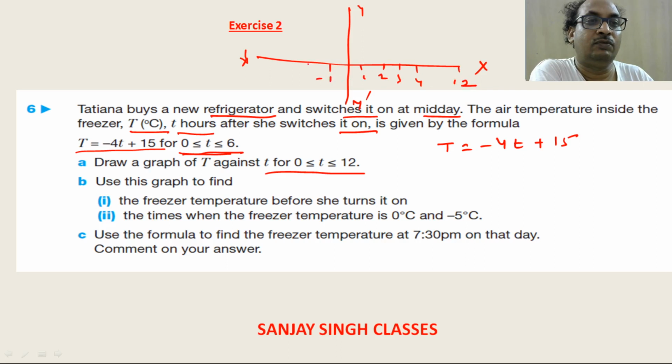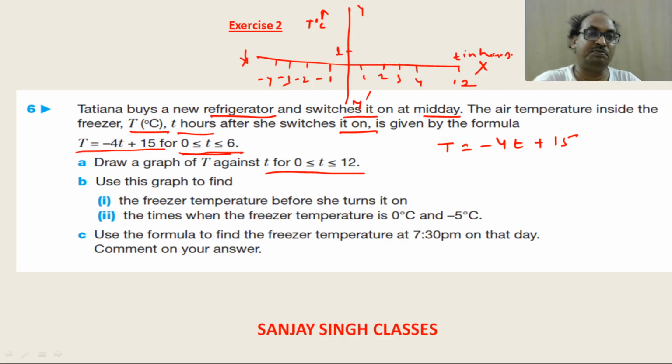Here minus 1, minus 2, minus 3, minus 4, like this. Similarly, this side is the temperature in degrees Celsius, and this side is t in hours.